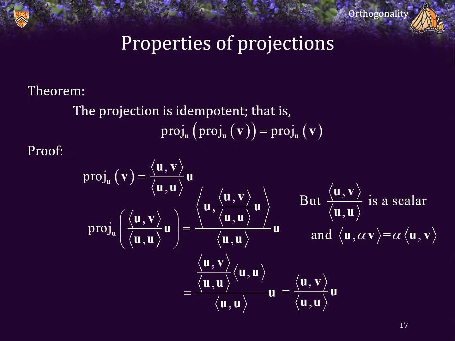So we're just left with the inner product of U and V over the inner product of U and itself times the vector U. But that is the projection of V onto U. All right. So therefore, projecting the projection onto U does not change that projection. Therefore, the projection is idempotent.